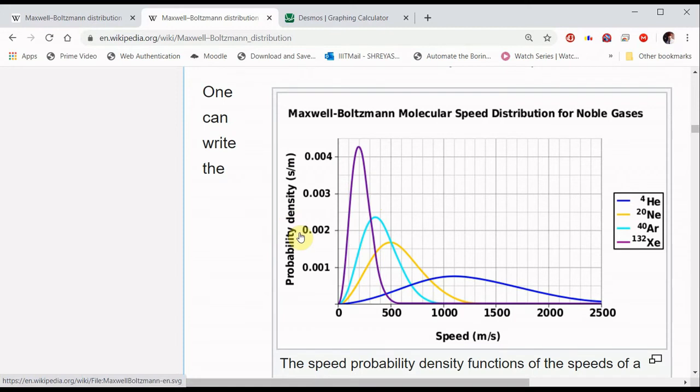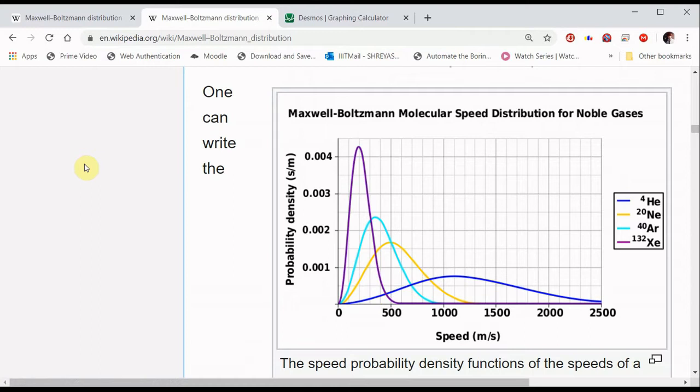What probability density means is that I could find the probability that the particle has speed in the range 199 to 201 by integrating, or in simple terms just finding the area under this graph from 199 to 201. So let's say from this point to some point here, the area under that curve in that range will be the probability that the particle lies in those speeds.